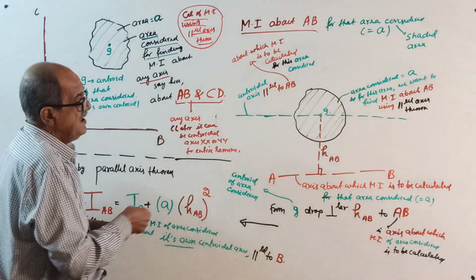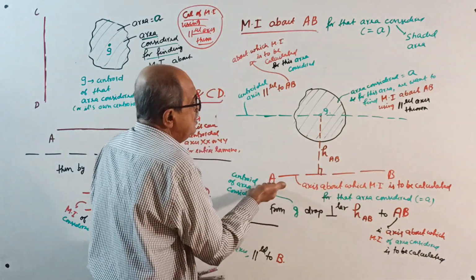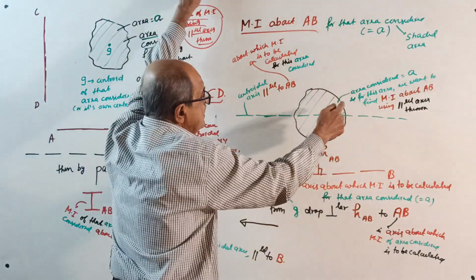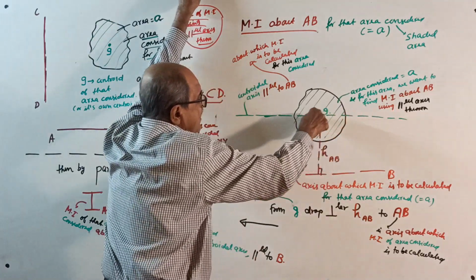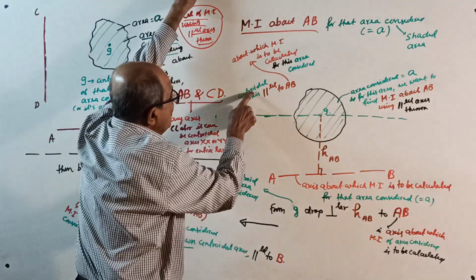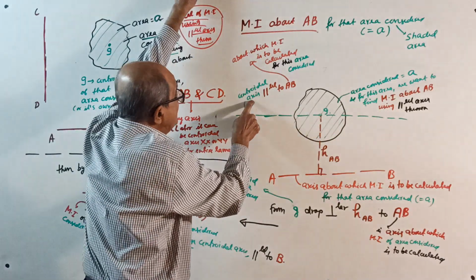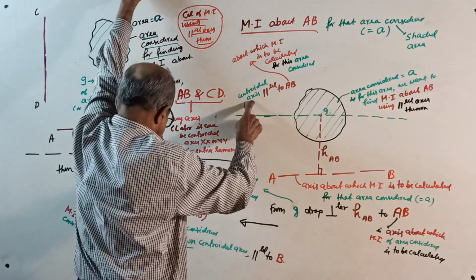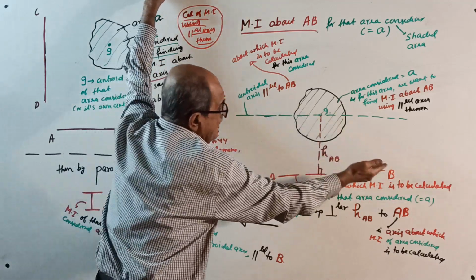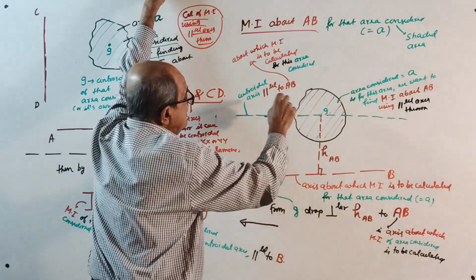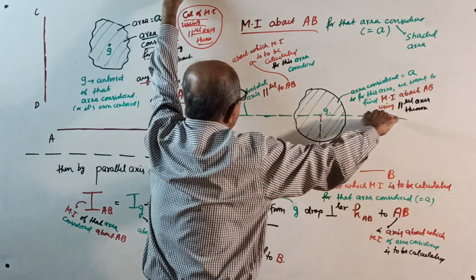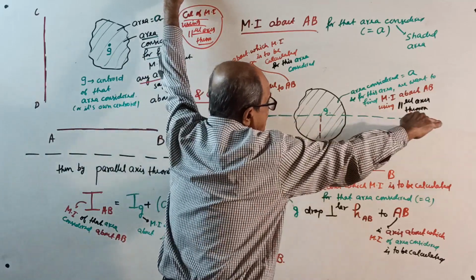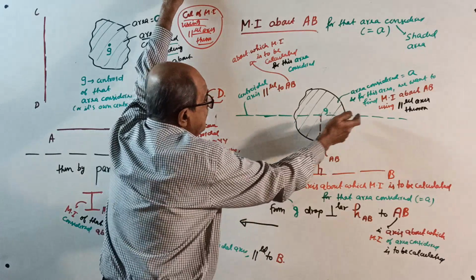So I about AB equals, come to the centroid. Through the centroid, you draw an axis that is called the centroidal axis. See, green color, centroidal axis parallel to AB. If AB is here, you draw a green axis parallel to AB passing through the centroid.